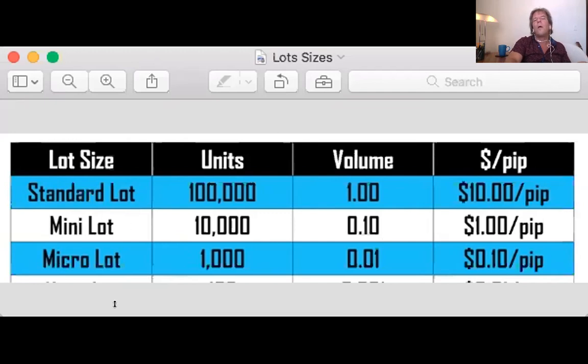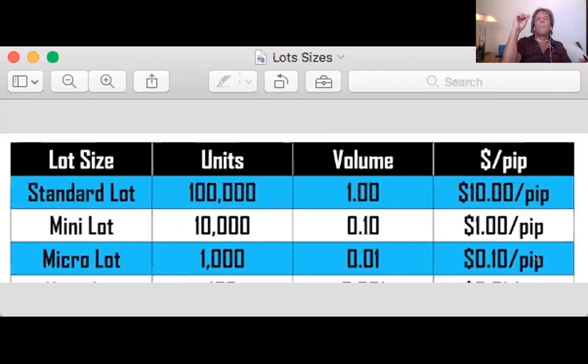So really the rule of thumb is, if you have $1,000 in your account or anything less, the smallest lot size most brokers will take is 0.01. You would risk only 10 cents per pip.